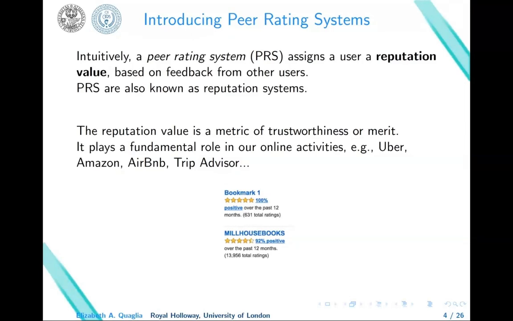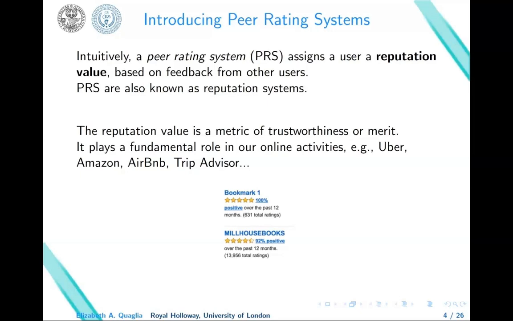If you think about when you go online and you have to choose which restaurant to book a table in, or what to buy online, you often rely on ratings from other users to make your decision. So having such a system and providing a secure solution to this problem is actually a very interesting and relevant thing to do. And cryptographers became interested in this area less than 10 years ago, when they started formalizing what reputation systems or peer rating systems should provide and how they work.